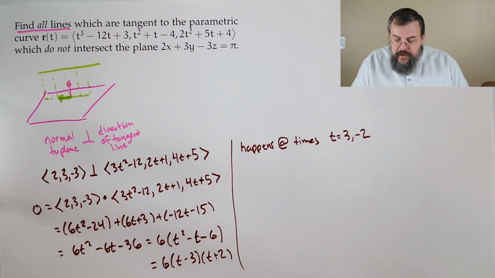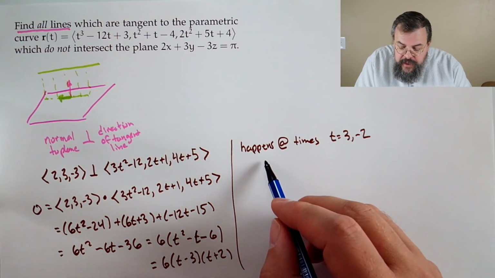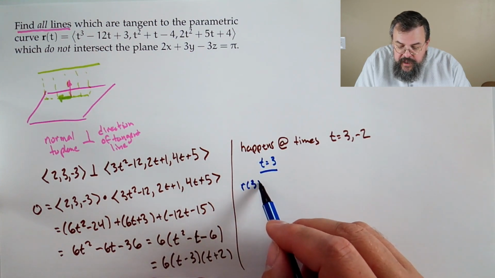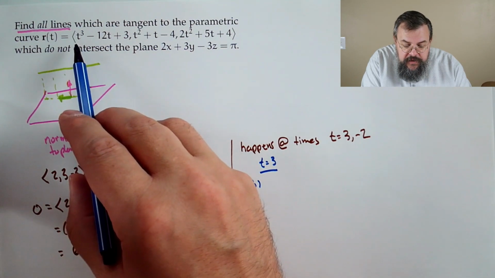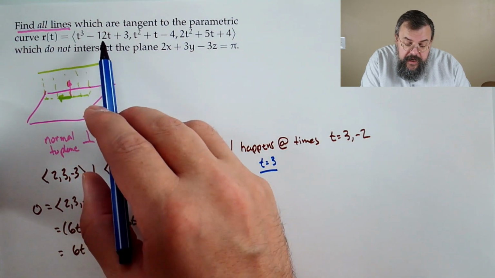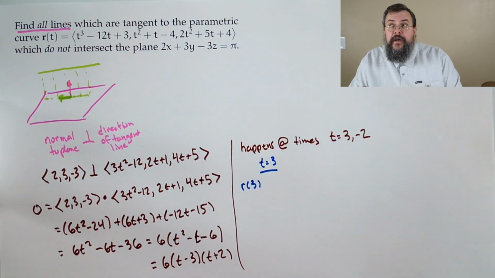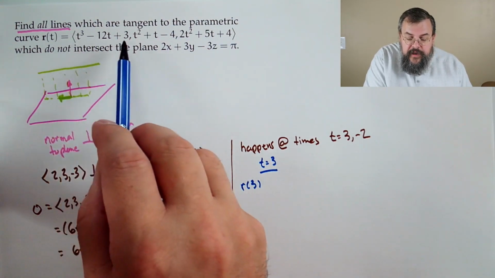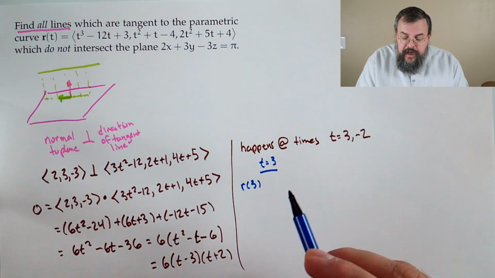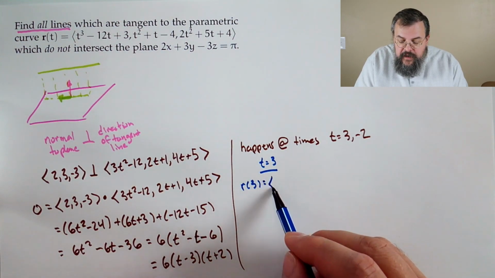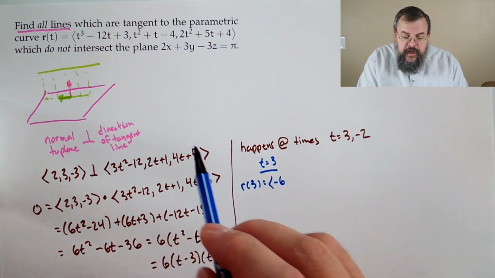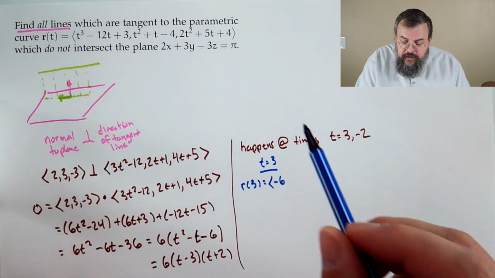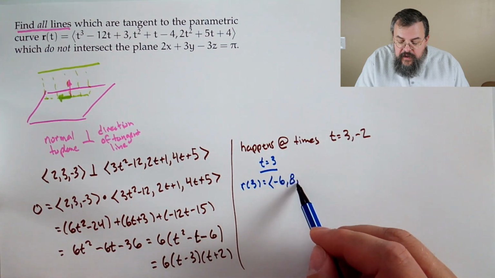So let's do t equals 3. Our point, we plug 3 in. So 27 minus 36 plus 3. Probably it's easier to say 3 cubed is 27, 27 plus 3 is 30, and if you subtract 36, you get negative 6. Now, 9 plus 3 is 12 minus 4 is 8.